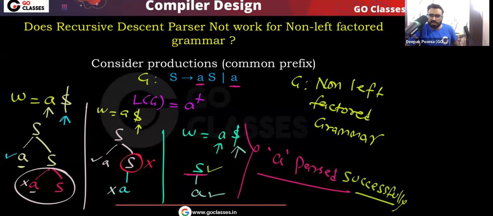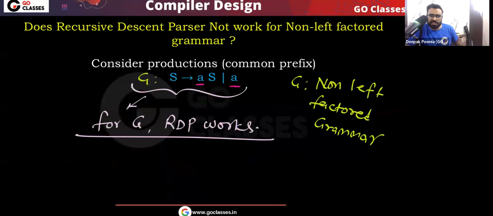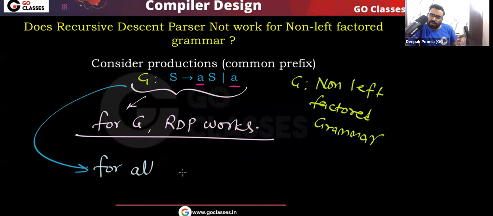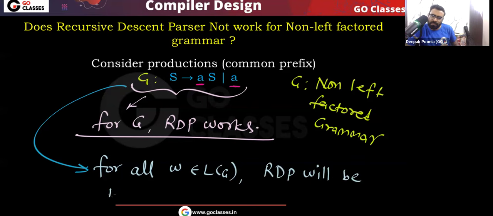Similarly, you can see that this RDP will be able to parse every string. You can actually easily check that for all W belonging to L(G), RDP will be able to parse W.